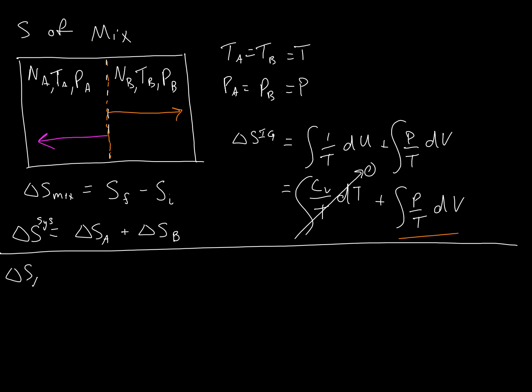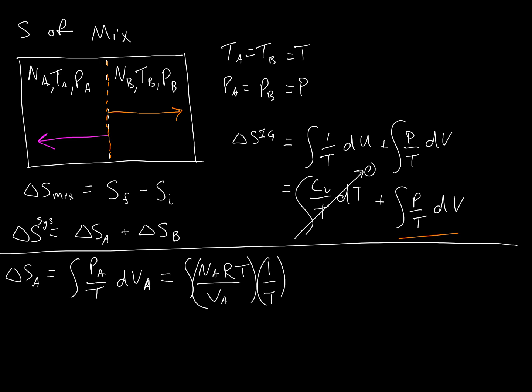So delta S of A is going to be equal to the integral of P_A over T dV_A. If we substitute in the ideal gas law, we can write this as N_A R T over V_A. So this, of course, here is just P_A from the ideal gas law.